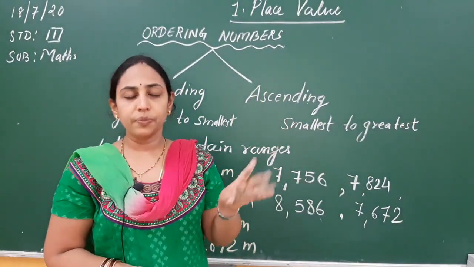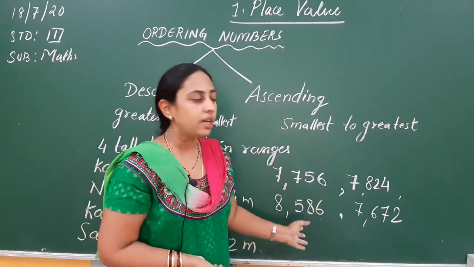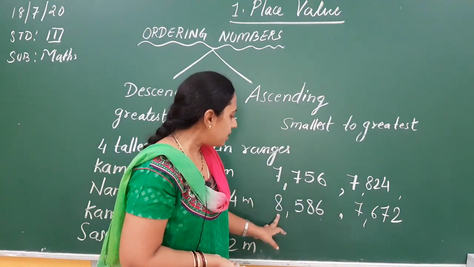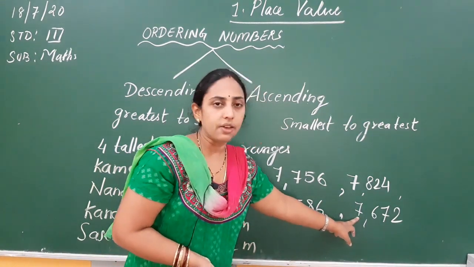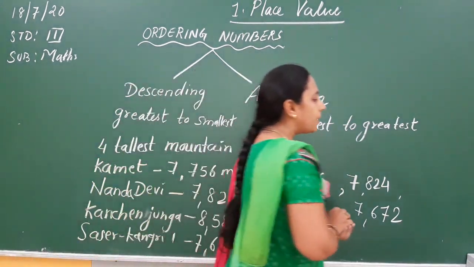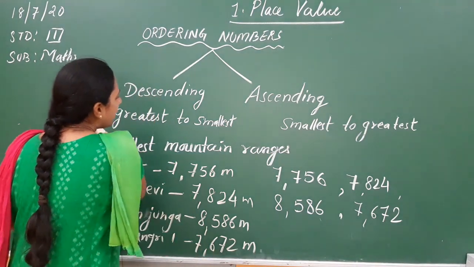That is okay. Second rule, check for the highest thousands. Here it is 7, here it is 7, here it is 8, here it is 7, right? So we know that the highest number here is 8.